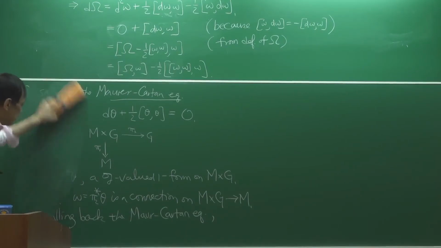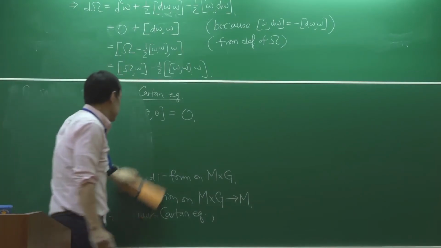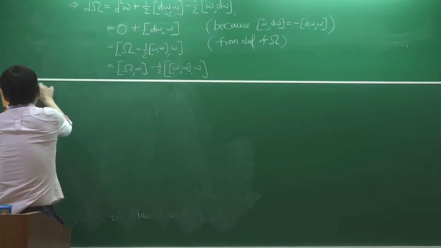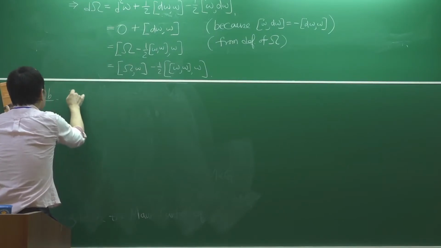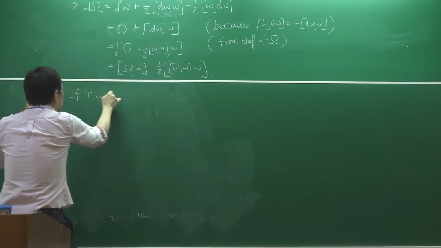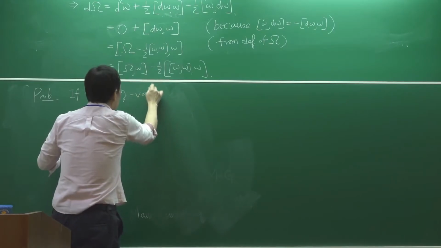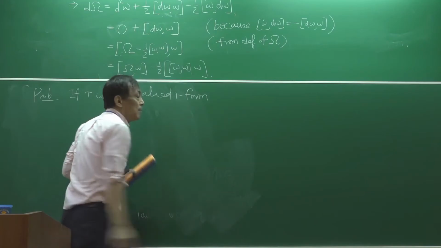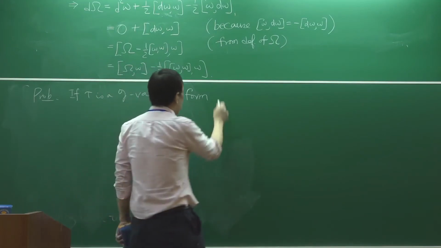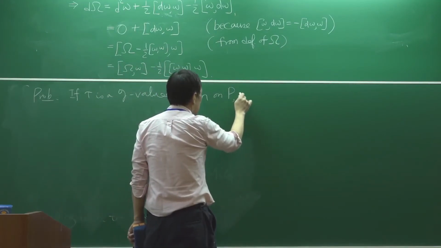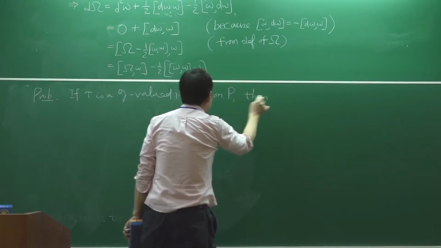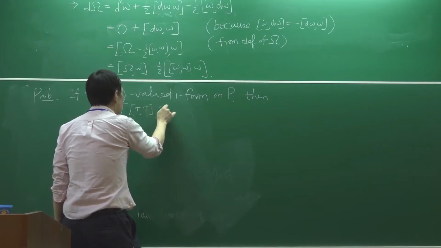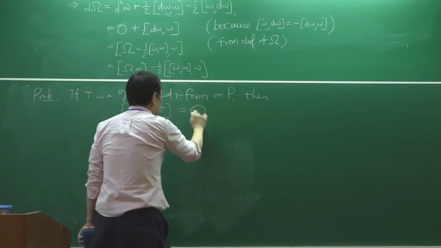Now, in one of the homework problems, I ask you to show that if tau is a g-valued 1 form on P, then bracket bracket tau omega tau is 0.